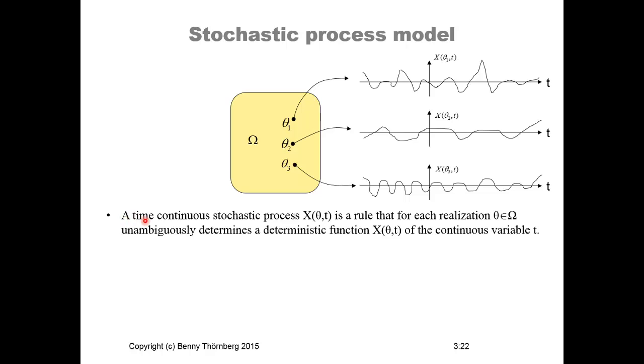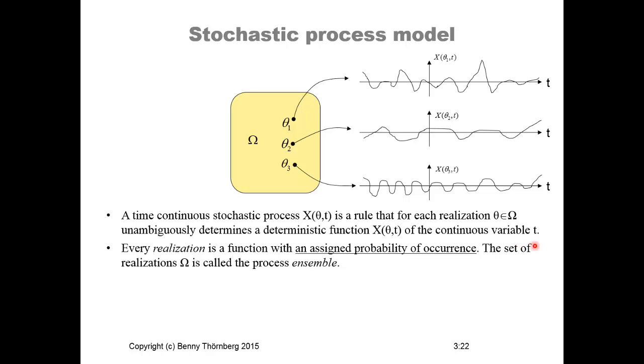So a time continuous stochastic process x of theta and t is a rule for each realization theta that belongs to the process ensemble omega, and unambiguously determines a deterministic function x of theta and t of the continuous variable t. And every realization is then a function with an assigned probability of occurrence. The set of realizations omega is called the process ensemble, as I said before.